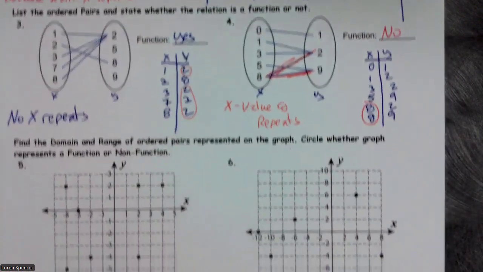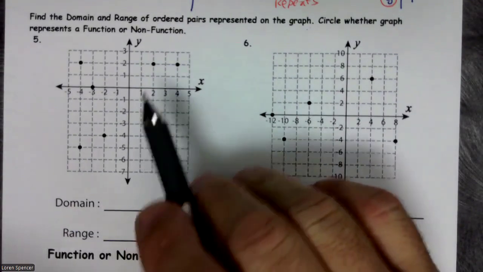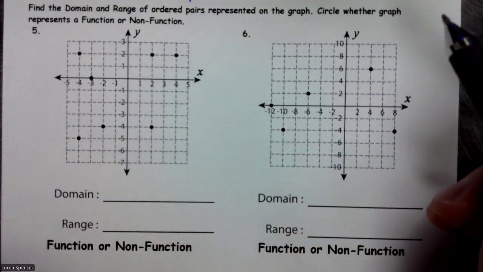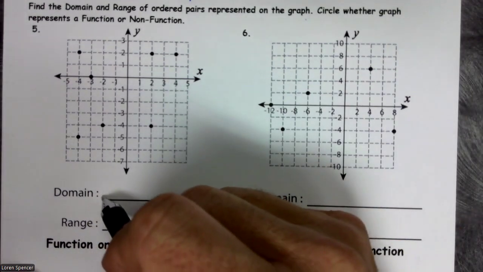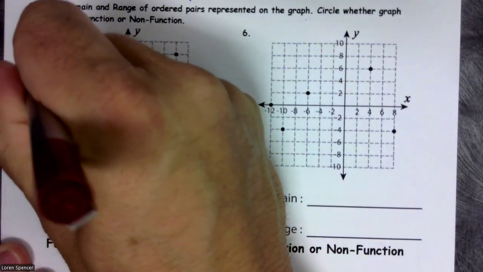All right, vertical line test. First off, it asks whether or not this is a function, and it asks for a domain and range. To do domain and range, it really helps to make a T-chart.